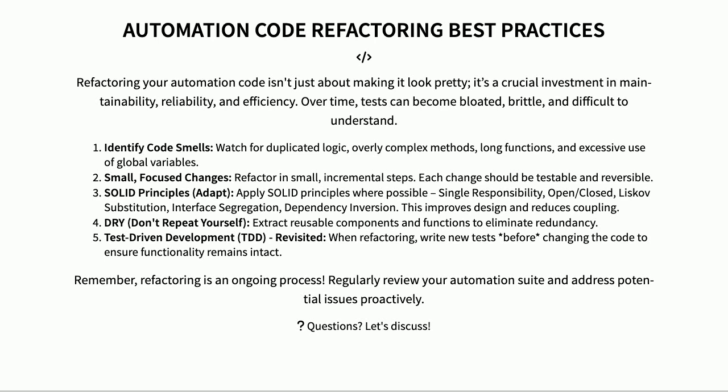Then, make small changes one at a time, always testing after each adjustment. Applying SOLID principles and DRY, don't repeat yourself, can also dramatically improve your code structure. And if you're using TDD, keep revisiting it during refactoring to ensure everything still works as expected. It's all about making sure your tests are easy to understand and maintain, a continuous effort that pays off big time.